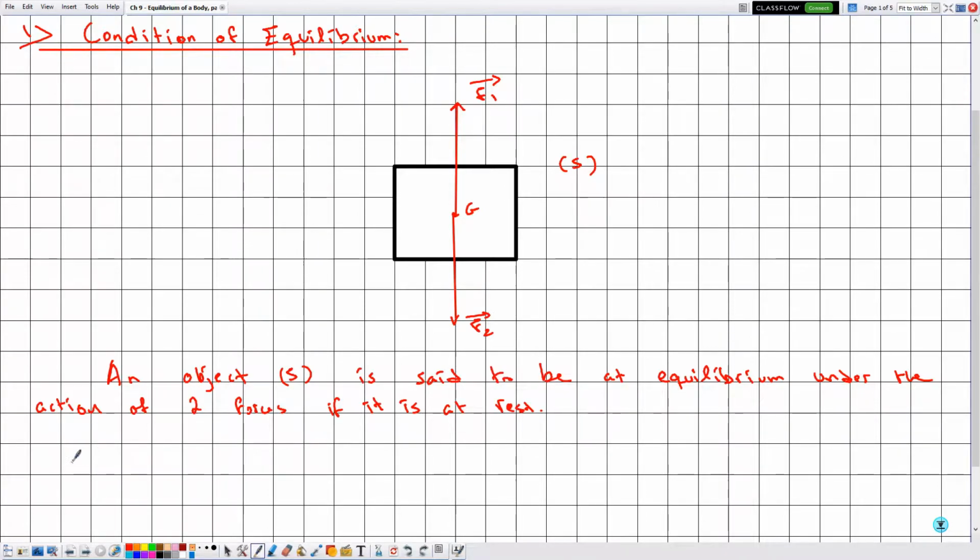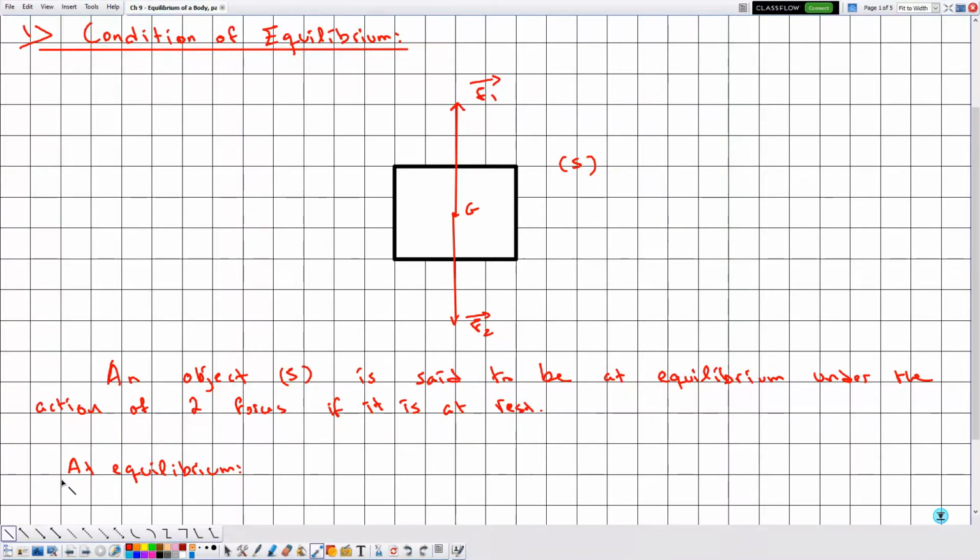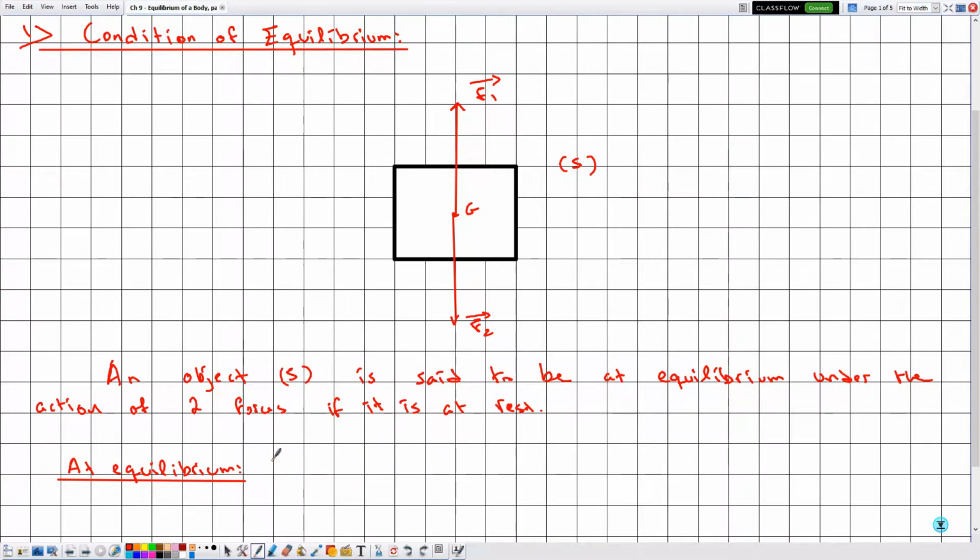Then let me say at equilibrium, and this is known as the condition of equilibrium, or even the vector relation at equilibrium.